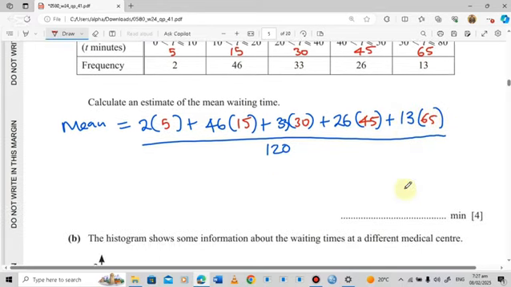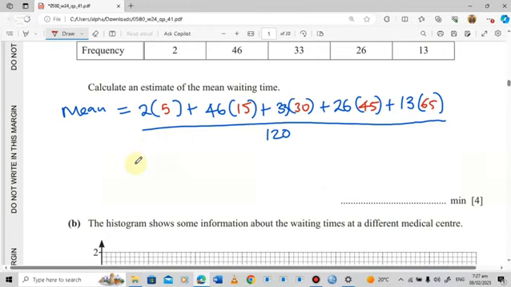All right, at this point, you just get your calculator and punch everything that is on top there on the calculator as it is. When you punch what is on top there on the calculator, you are going to have 3,705, then divided by 120.